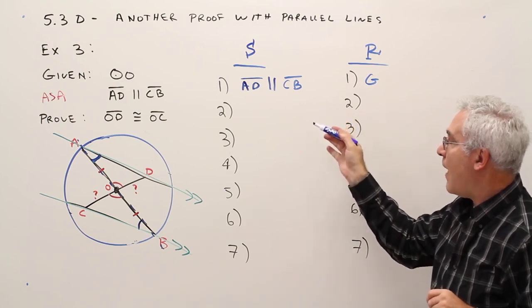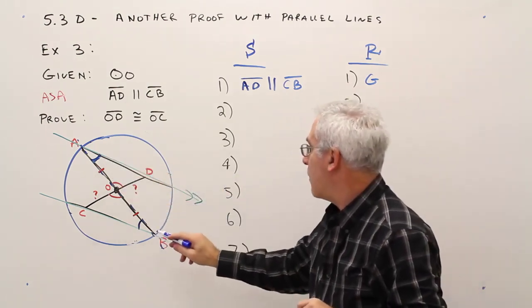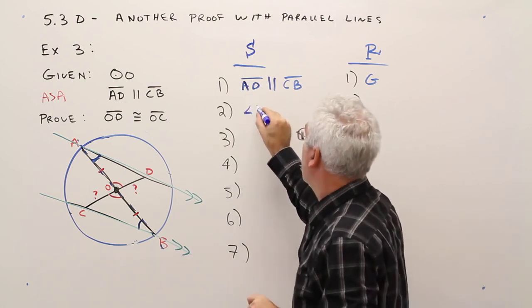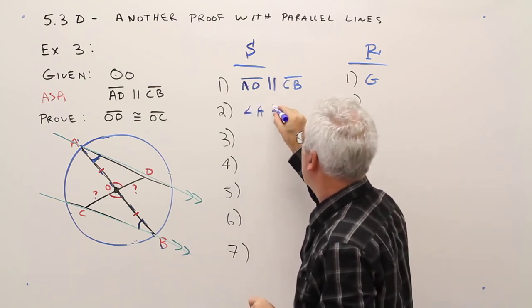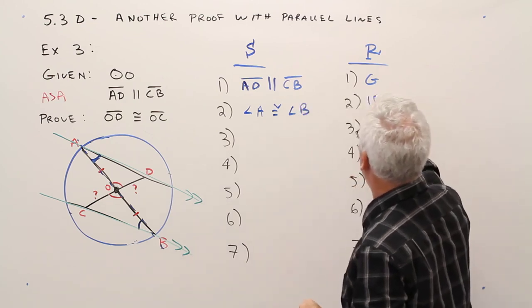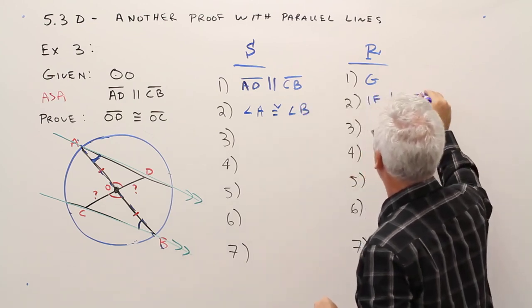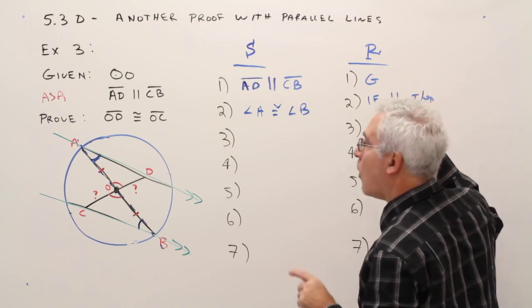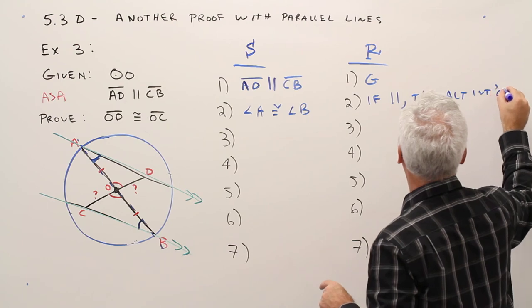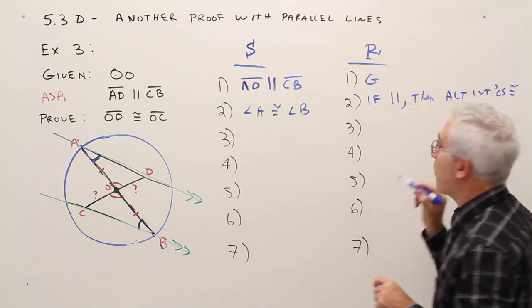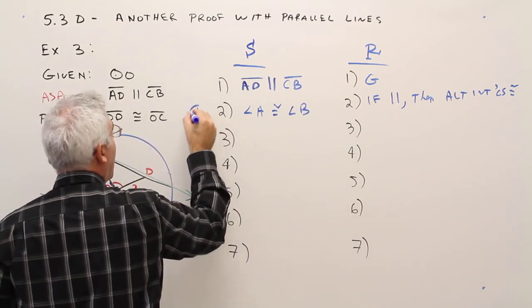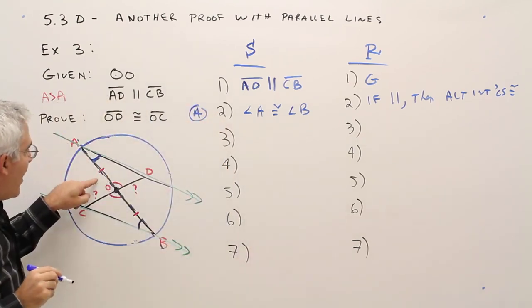And then based on that, I'm going to get angle A congruent to angle B. If lines are parallel, then alt interior angles are congruent. Okay, I'll mark that up. That's my angle.